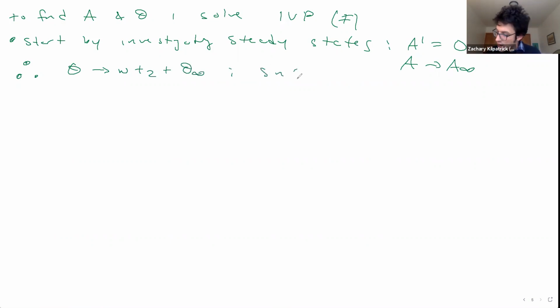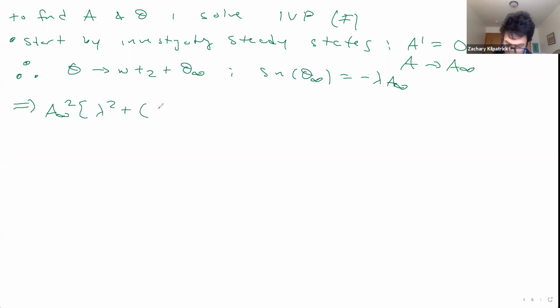And in particular, sine of theta infinity is going to equal minus A infinity. And so at the end of the day, we can get this equation for A infinity squared: lambda squared plus (2 omega minus 3 kappa over 4 A infinity squared) squared is equal to 1.